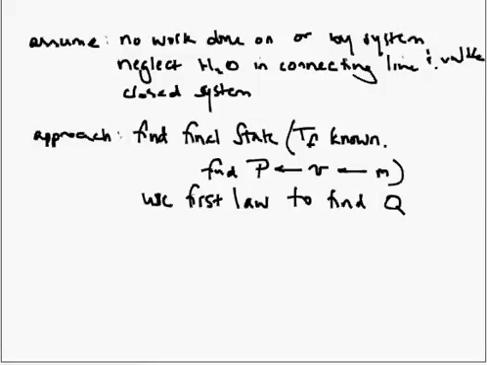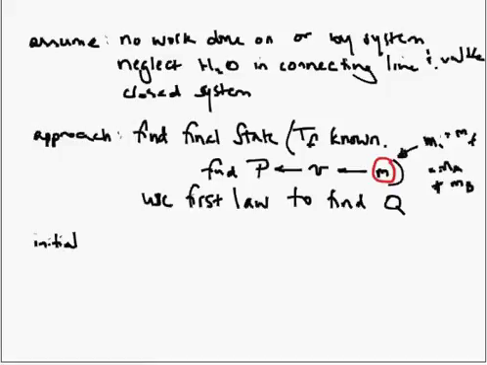Okay, so let's start. We're going to start here by finding the mass. Okay, so initially, and just a reminder, since it's a closed system, initial mass equals final mass, which equals the mass of tank A plus the mass of tank B. And that's a plus sign.